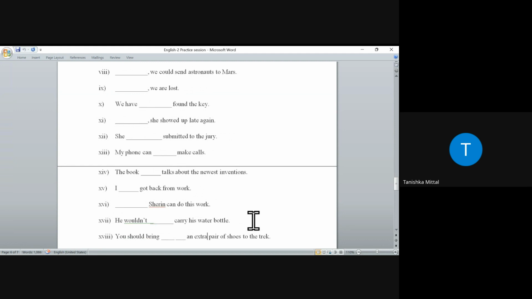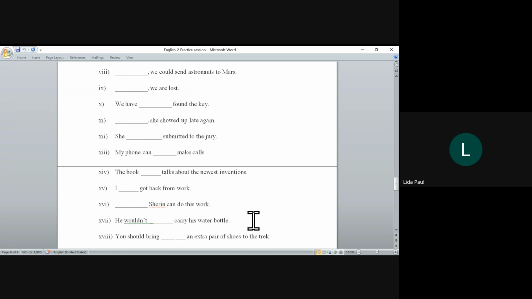Clearly or unfortunately, she showed up late again. Disappointingly, she showed up late again, right? Something that figures around that kind of adverbs, right? And these are all comment adverbs.